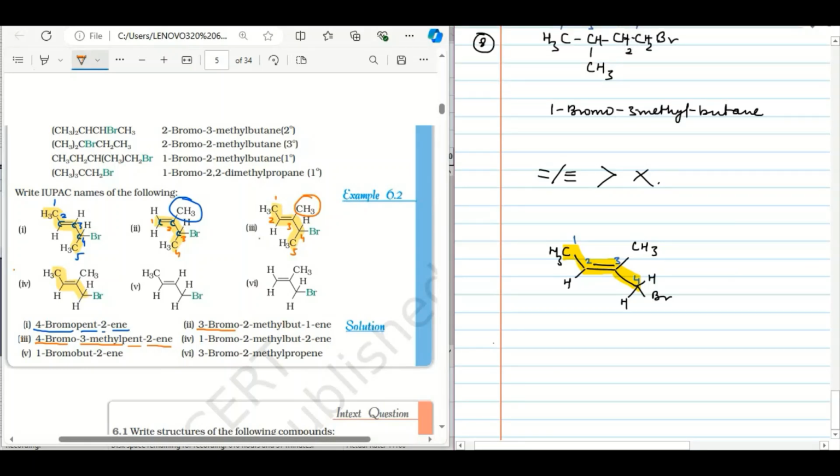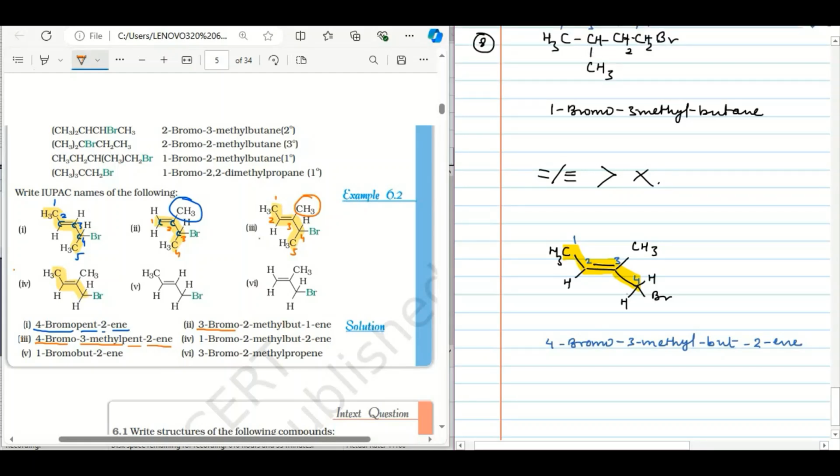So when you number the chain from here, 1, 2, 3 and 4, now note down the name you will get: 4-bromo-3-methyl. The parent is 4 carbon long, so but, and the double bond is at the second position, so you will get 2-ene. Now number this chain in the opposite direction.